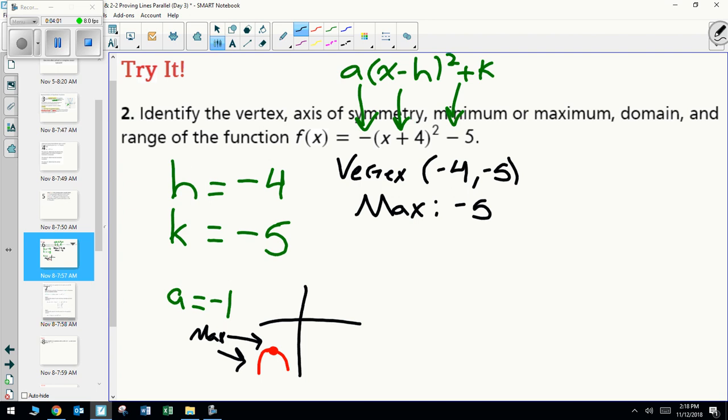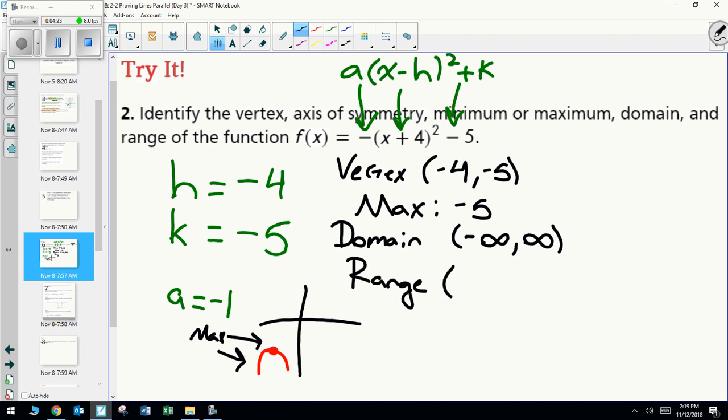Now, the domain of a parabola, because it stretches left and right forever, is going to be all real numbers, written in interval notation. We say from -infinity to +infinity. And because I knew that it has a maximum at -5, I also know the range. Since it's opening downwards, it starts at -infinity and it goes up until -5, and that point is included because it's the vertex on the parabola.